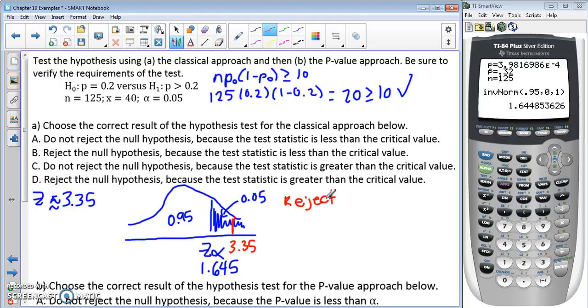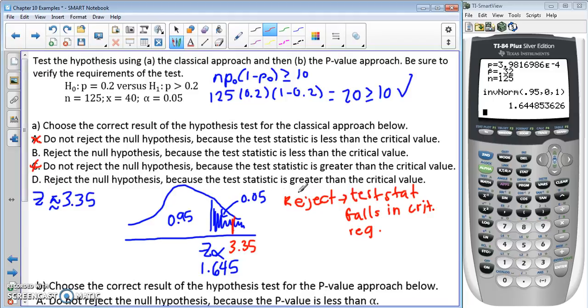Our test. So we reject, so we know that C and A are not possibilities.